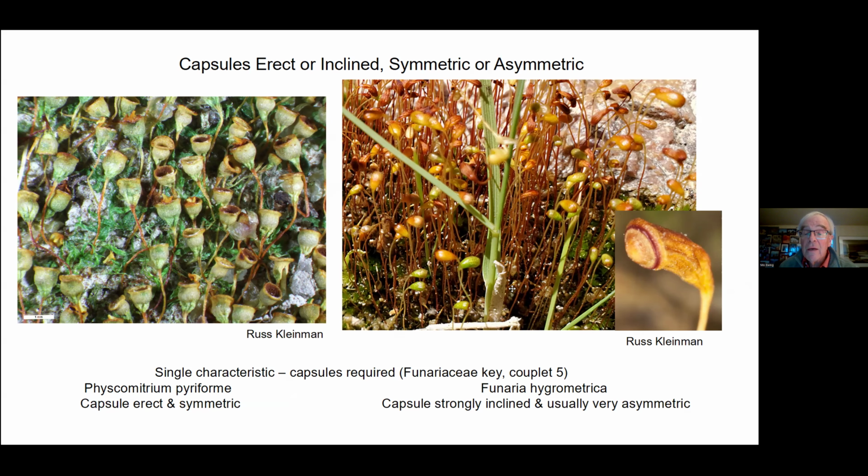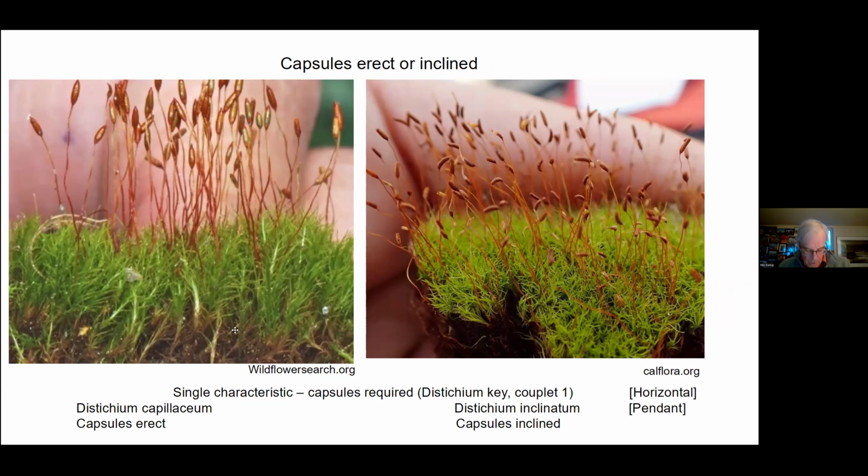But in Funaria, the capsule is strongly inclined, as you can see is a good example there and here, and usually very asymmetric. I zoomed in on that to show you how asymmetric that can be. Another example of that, and I picked that because we'll run into this in this presentation: sometimes some of these characteristics are pretty hard to see.